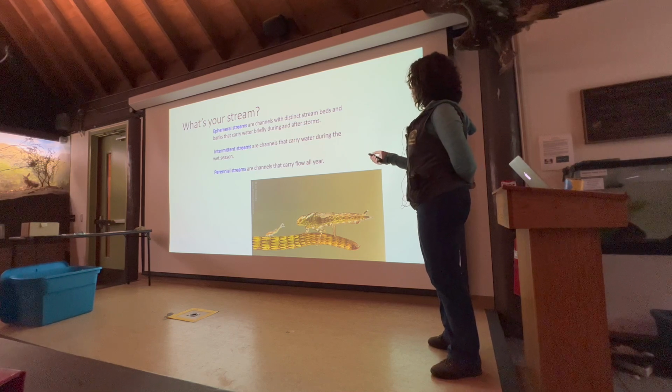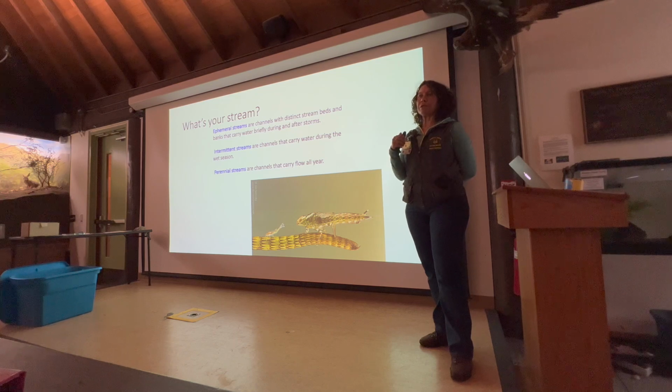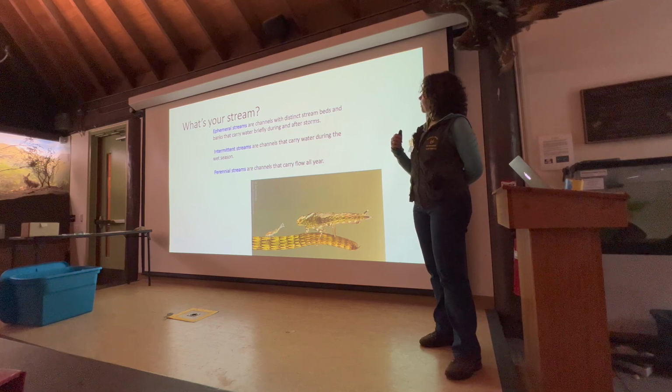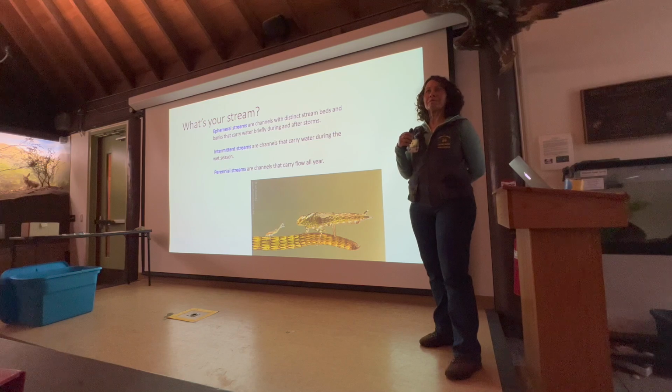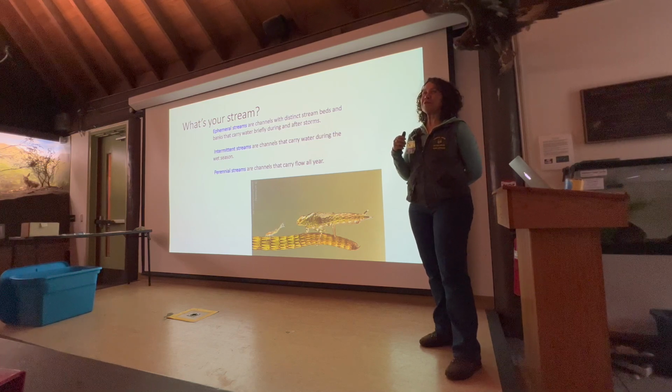And now, which of these is our stream? Do we have an ephemeral stream, an intermittent stream, or a perennial stream? Little bit of the first two. Somewhere in the first two, right?